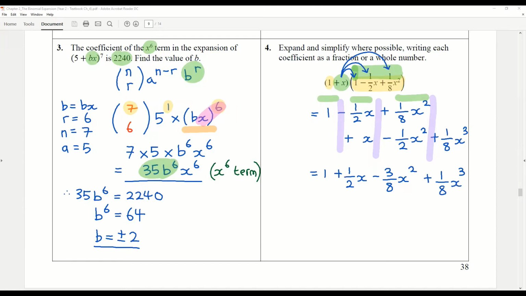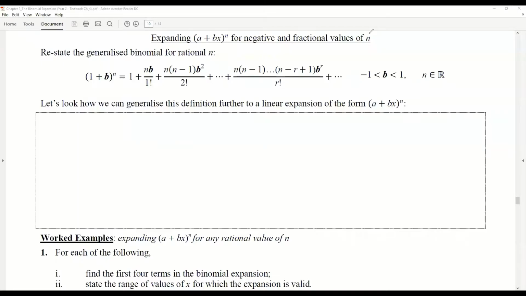Now we're interested in making a further generalization of our binomial expansion that we met in the first two lessons. So we know that we're going to expand 1 plus b to the power n. And you may have noticed the limitation with this.